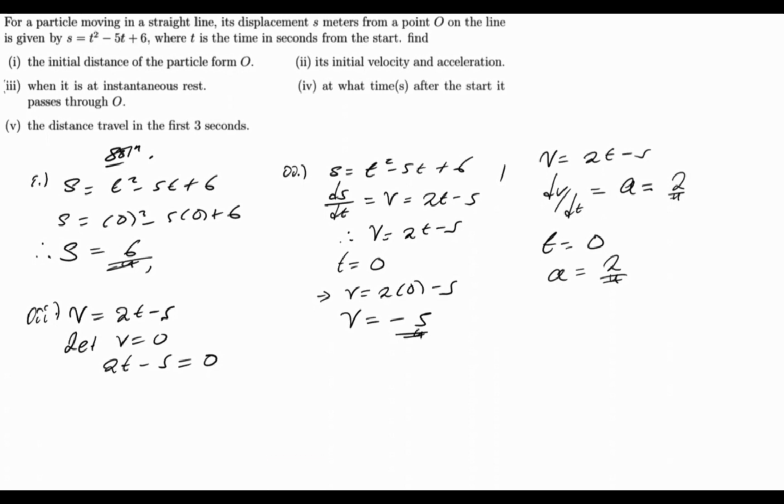If we solve for t, we have 2t equal to 5, divided by 2, t is equal to 5 over 2. What this means is that the particle will be at instantaneous rest at time equal to 5 over 2 seconds.